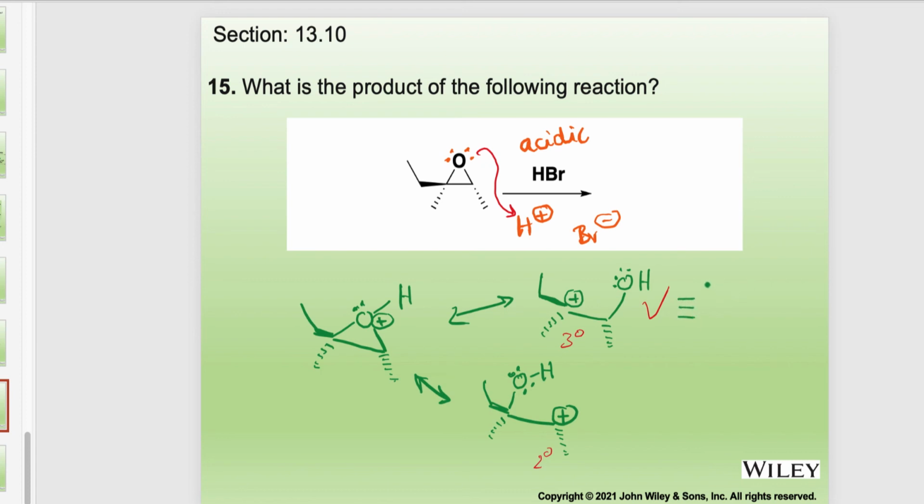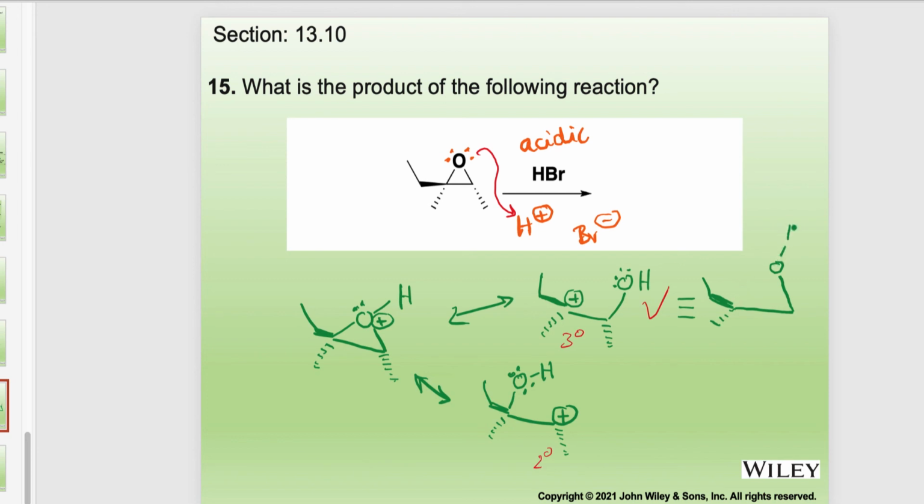And we can actually equate this with an intermediate that can be drawn like this. So going back to the electronics here, let me make this a little bit more clear. I'm going to draw this a little bit longer. The oxygen is going to be more to the right-hand side, because the more positive character we develop on this carbon, the more stable it is in terms of having the partial positive charge here.